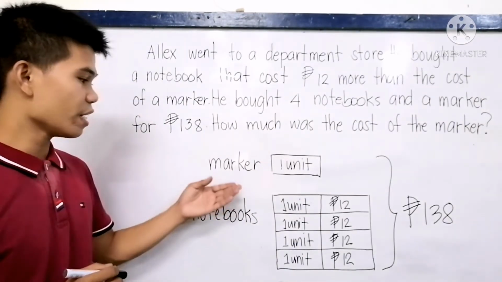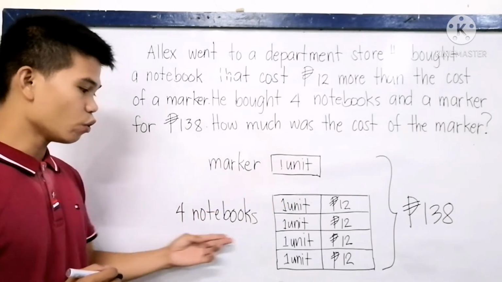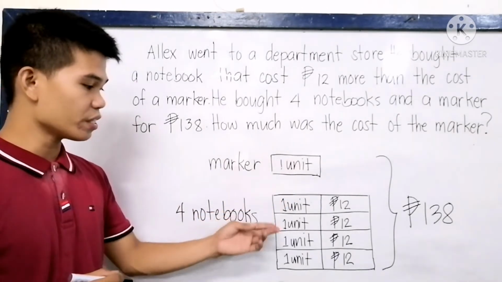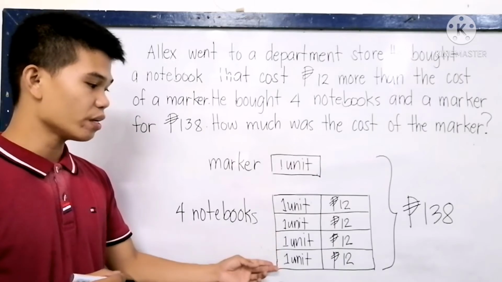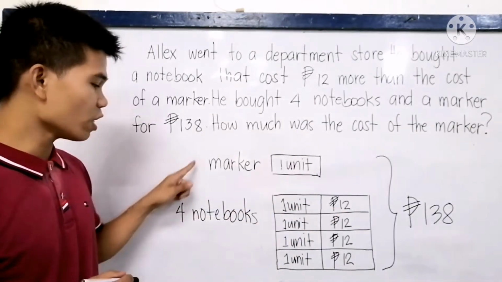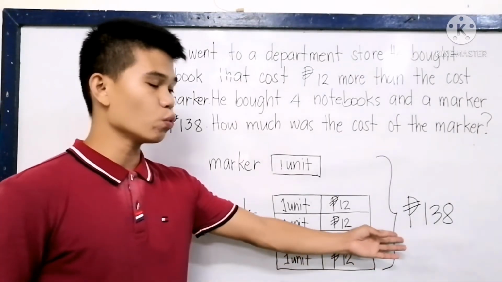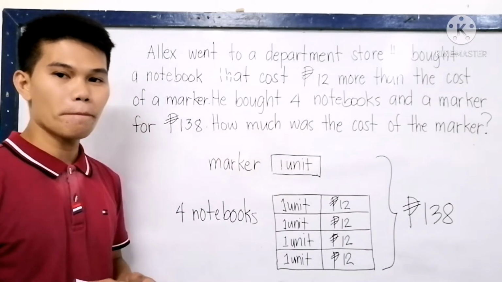As you can see in the illustrations, 1 marker is equivalent to 1 unit. 4 notebooks is equivalent to 4 units. So 1, 2, 3, 4. And each unit costs 12 pesos. And the total amount he paid for a marker and 4 notebooks is equivalent to 138 pesos.